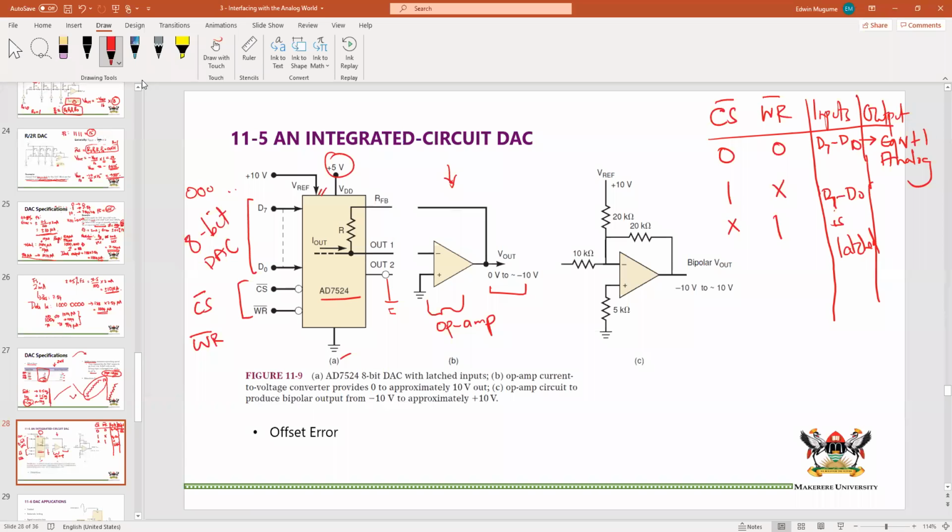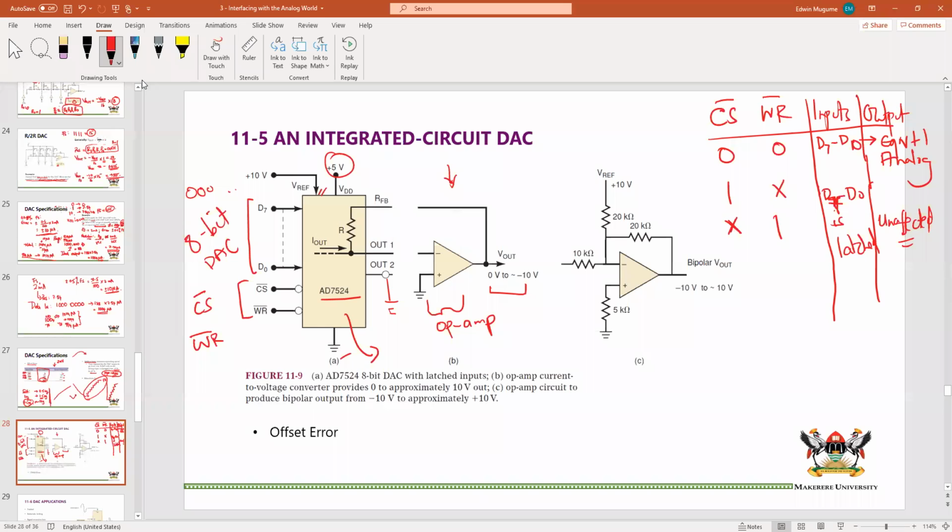By latched, it means that it enters into the IC, but it does not affect the output. So output unaffected. Whatever this information is will be latched inside here, but it will only change the output when both of these become 0. So that's why I've said X.